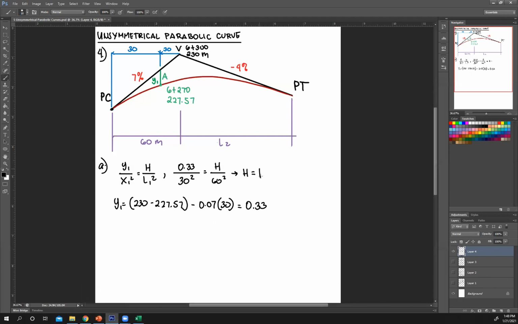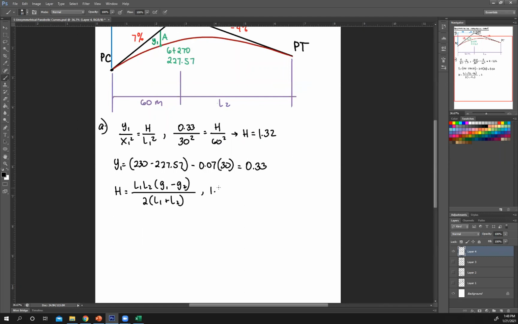It's 1.32. And now, using that, remember H is L1 times L2, G1 minus G2, absolute value, all over twice L1 plus L2.